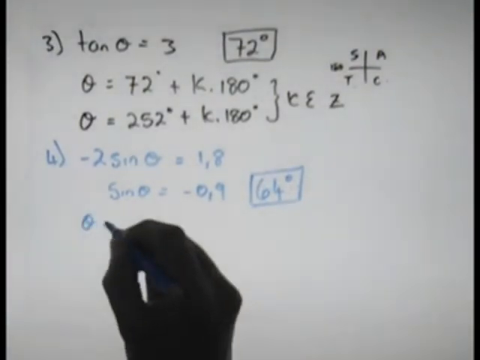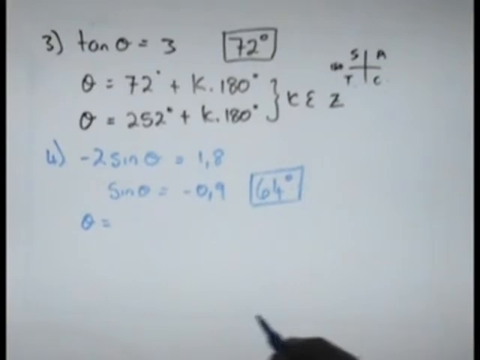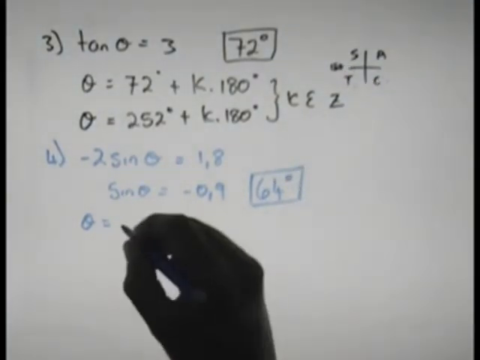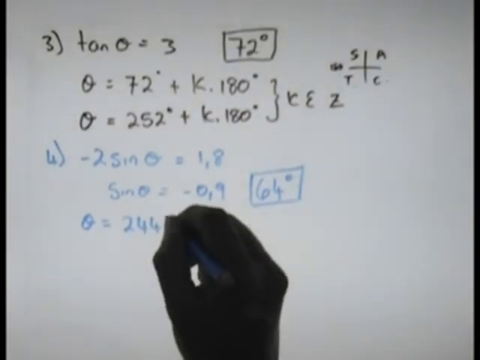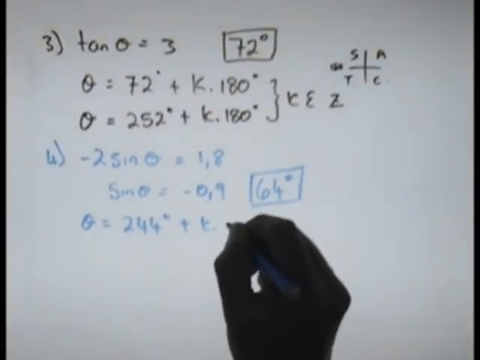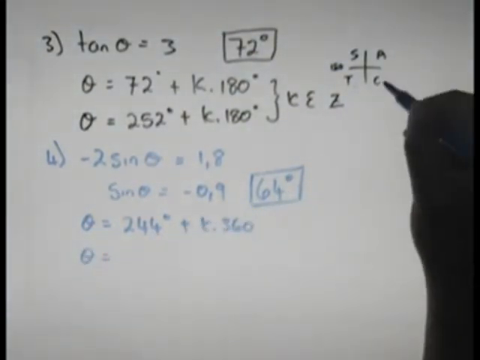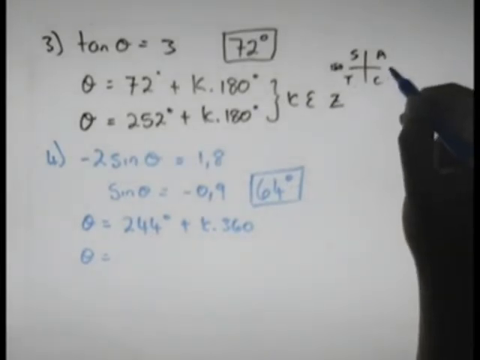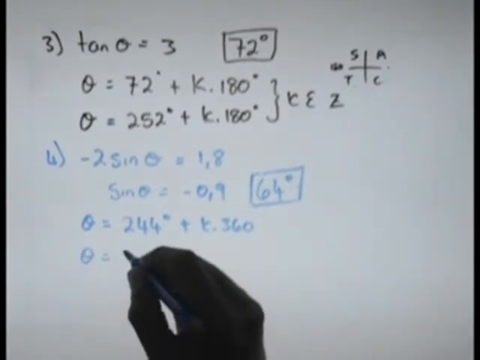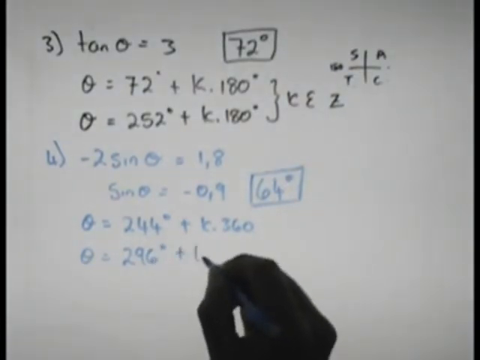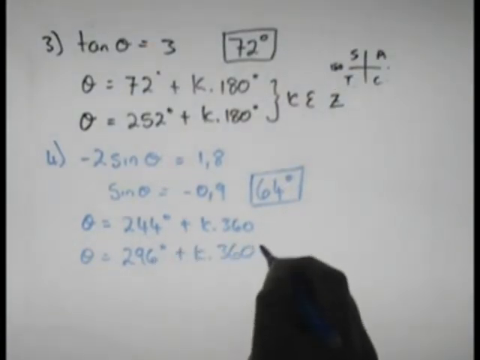In the third quadrant, theta is going to equal 180 degrees plus 64, which is going to give me 244 degrees plus k times 360, or theta in quadrant 4 is going to equal 360 degrees minus 64, which is equal to 296 degrees plus k times 360.